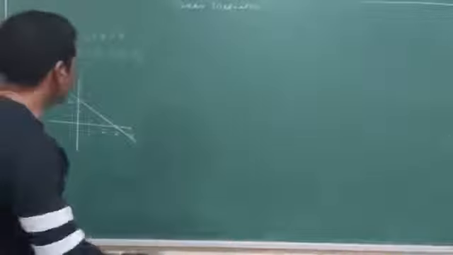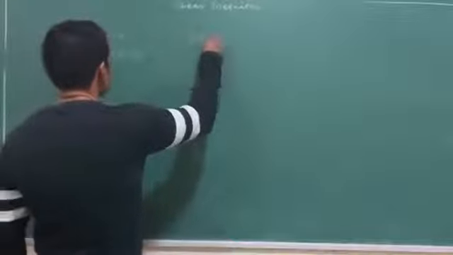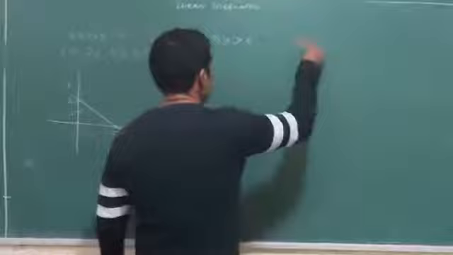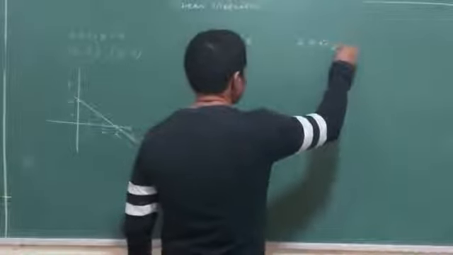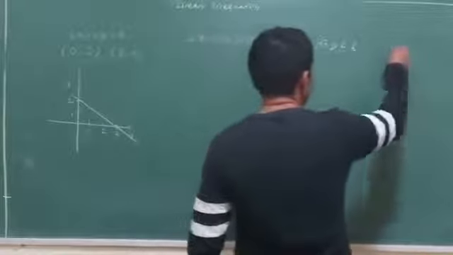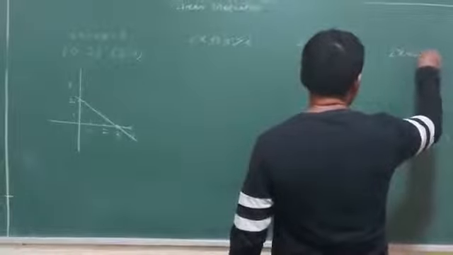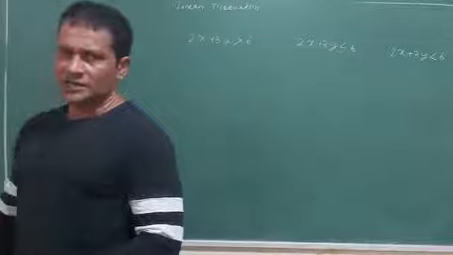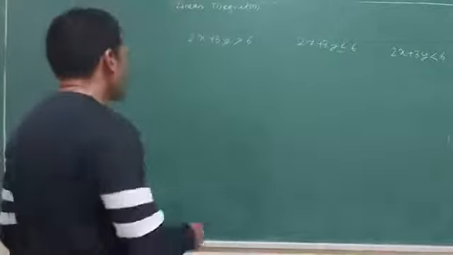Alright, so for the same graph, they give me 2x plus 3y greater than 6, 2x plus 3y less than or equal to 6, 2x plus 3y less than 6. Now this is an inequality. So what do I do?